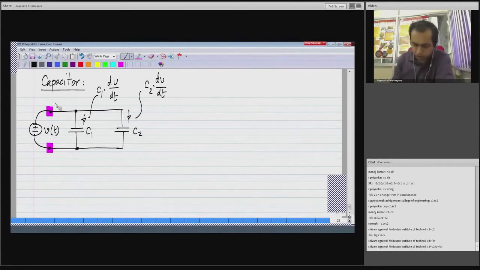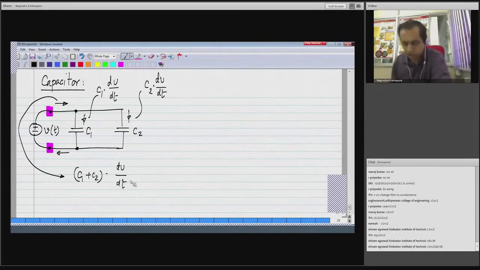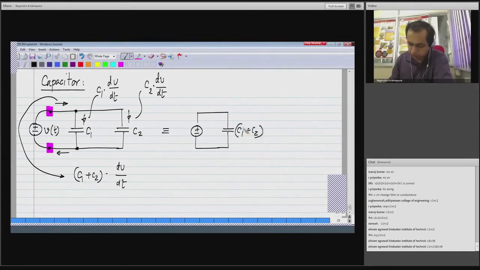So the total current drawn from the voltage source is C1 plus C2 times the time derivative of v of t. Obviously this is exactly equivalent to having a single capacitor of value C1 plus C2.